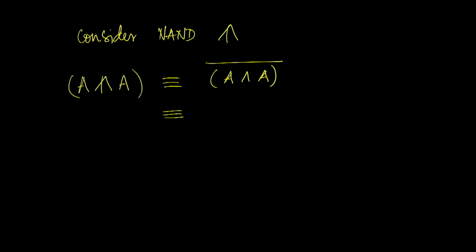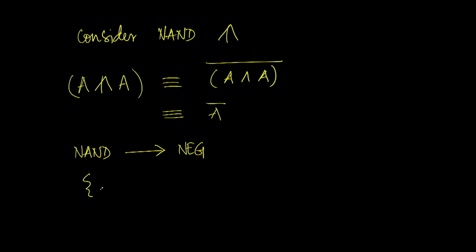And when A is 1, it is 1 and 1, which is 1, which means A and A is nothing but A. So this is A complement, which means when a variable is nanded with itself, we get the complement of it. Or in other words, we can use NAND to generate negation.